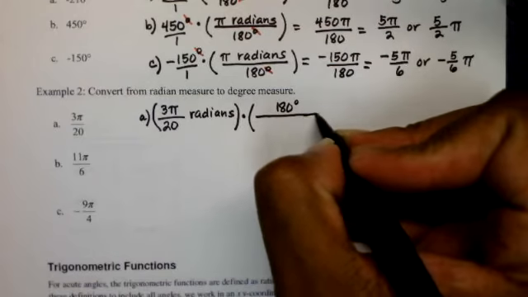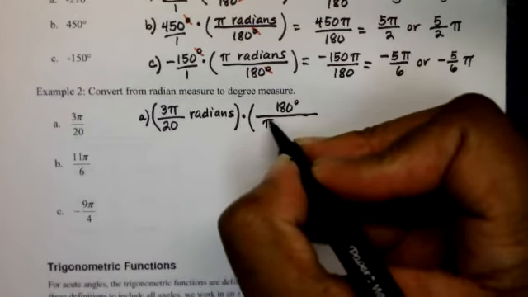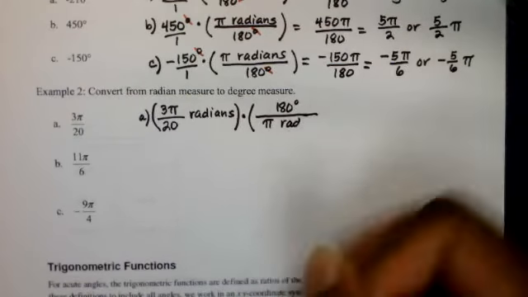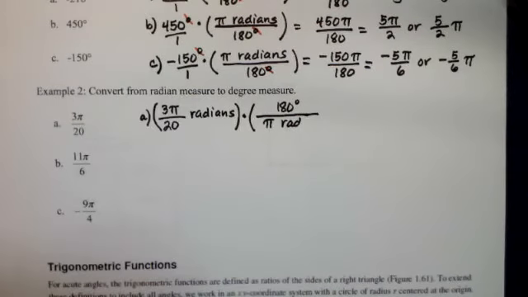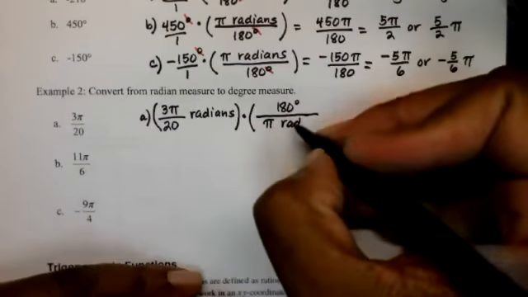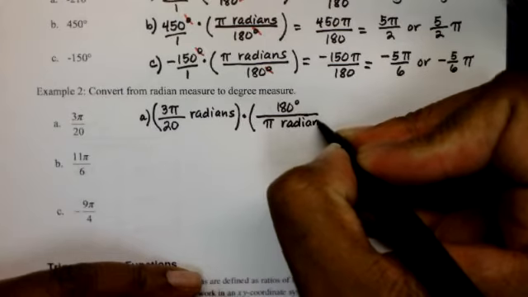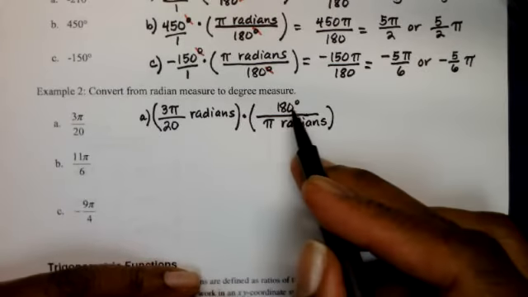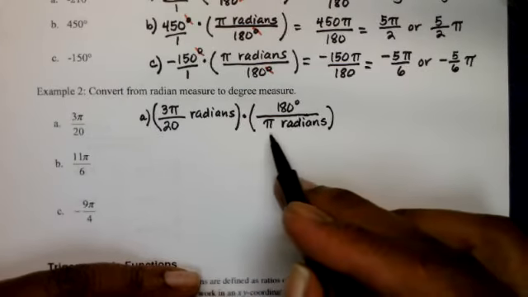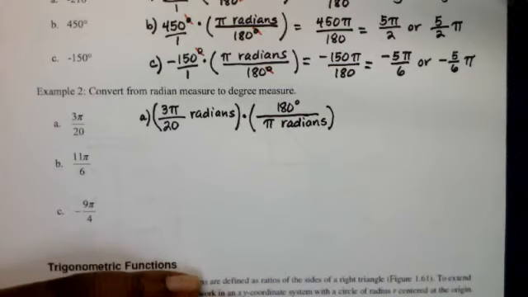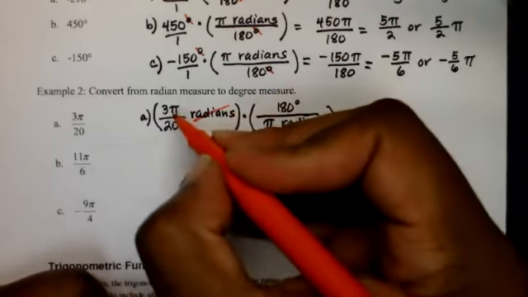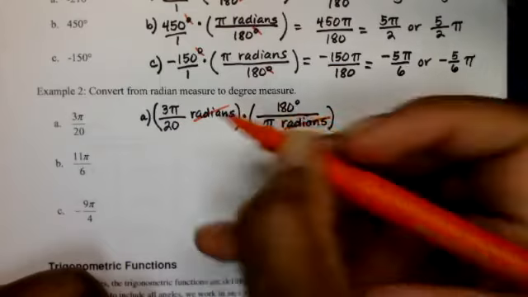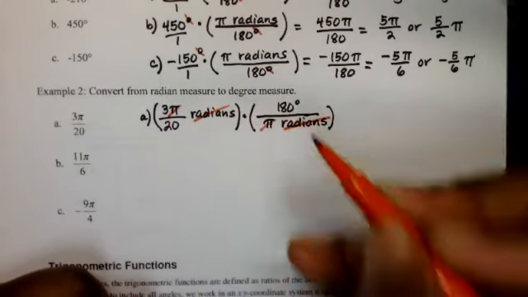180 degrees on top. The radians have to be on the bottom, so it'll be pi radians. Okay, so you can see 180 degrees will be on top. Pi radians have to be in the denominator. So radians divide out. Not only does the radians divide out, so does the pi.